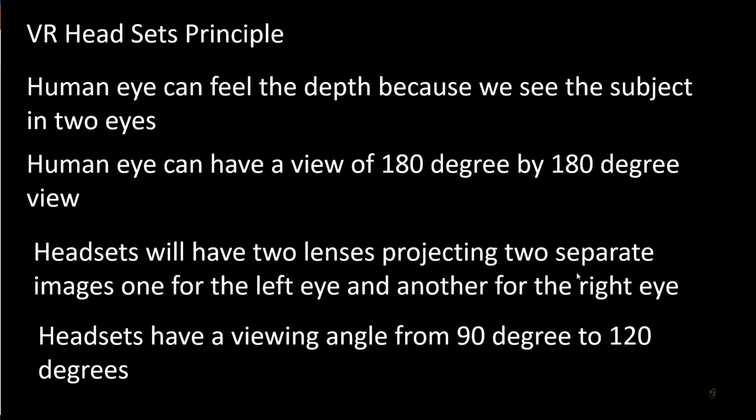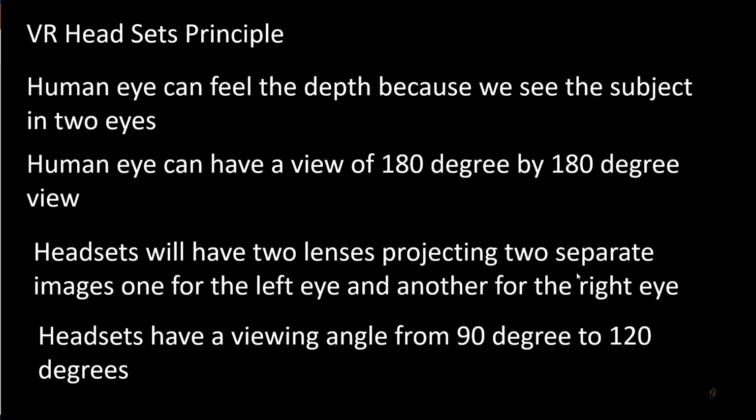Whereas when we take a video or a cinema, we record it with just one camera. So when one camera's picture is projected to both eyes, we lose certain information like depth. We cannot enjoy the 3D. We cannot get this full view.